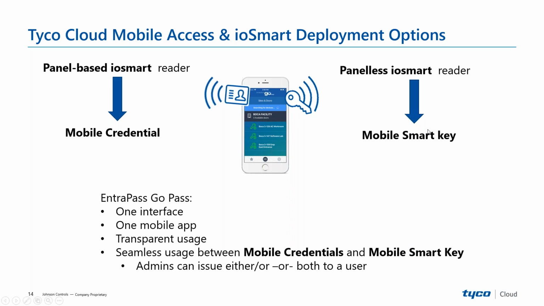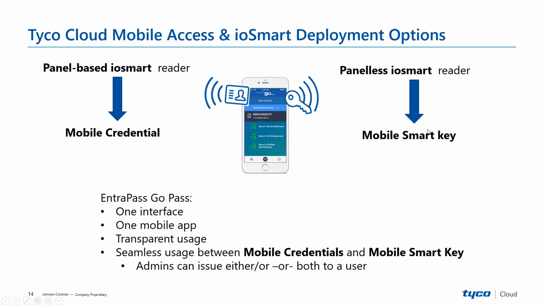The readers themselves, the panelless readers and the panel-based readers, have serial numbers in the back. Those serial numbers need to be entered in the cloud. So we know that the panel-based reader is a panel-based reader, and there's nothing else to do. You say the name of the door is panel-based or panelless, type in the serial number of the reader, and then say the length of the Bluetooth, short, medium, or long.